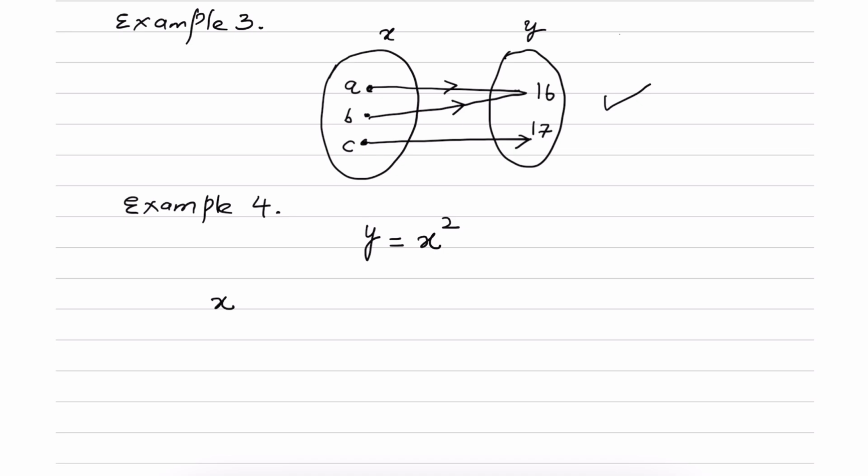In that way, y depends upon x, so we take some x values. Let's say we take 1, 2, and also -1. So the corresponding y values will be, for -1 you get 1, for 1 you get 1, and for 2 you get 4.